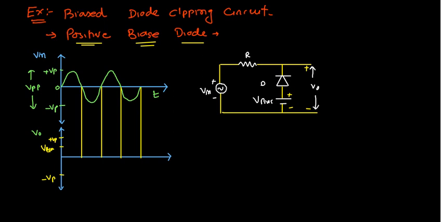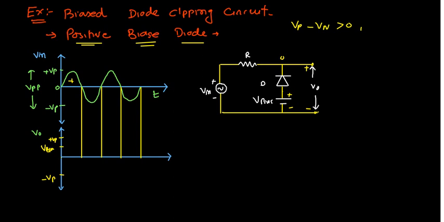Now let me check what will happen to the positive half cycle and negative half cycle. See, for the positive half cycle, it's starting from 0. At the time of 0, what will happen? Suppose it is 0 over here at the V positive or anode side, and this side is V negative, so V positive minus V negative should be greater than 0.